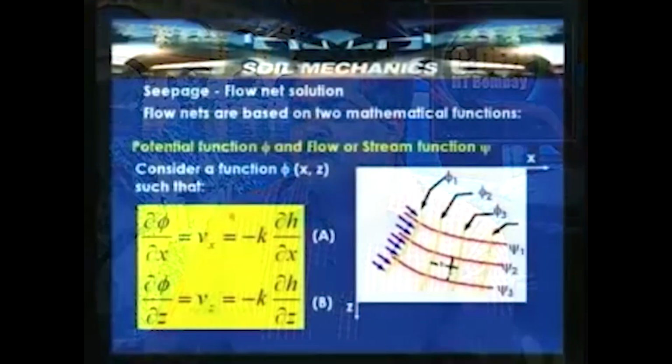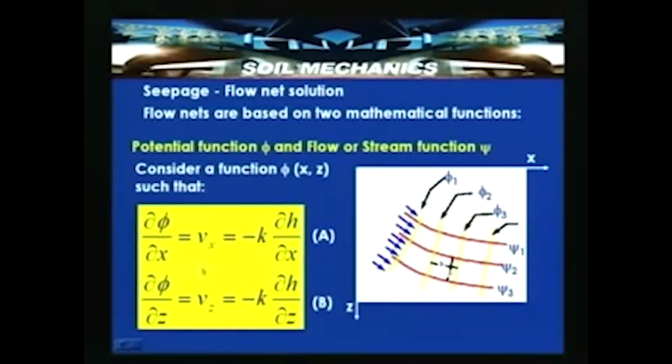So, consider a function phi(x,z) such that ∂phi/∂x is equal to Vx is equal to minus k ∂h/∂x and ∂phi/∂z is equal to Vz is equal to minus k ∂h/∂z. This is negative because the head loss is occurring in the direction of flow.